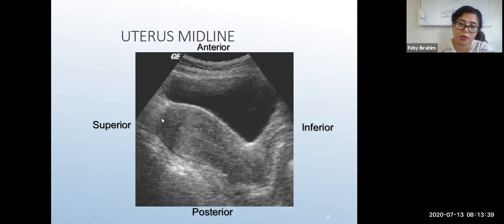The most superior and widest part is the fundus. Then this is the body, this is the cervix area, this is the vagina, and this thin echogenic line is the vaginal canal, and this echogenic area here in the middle represents the endometrium.